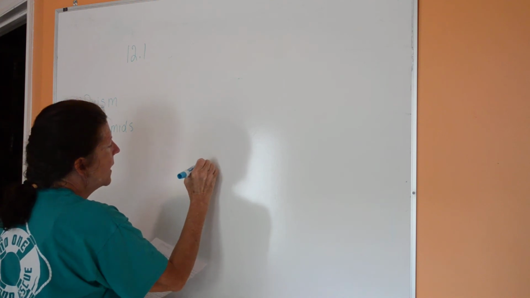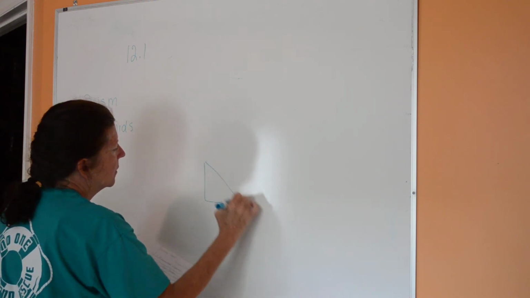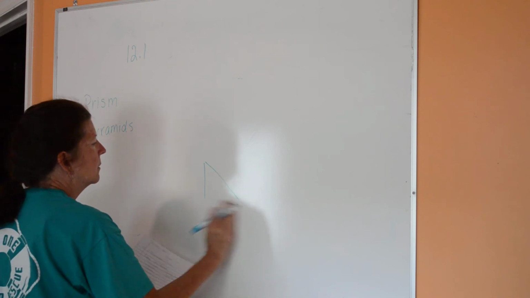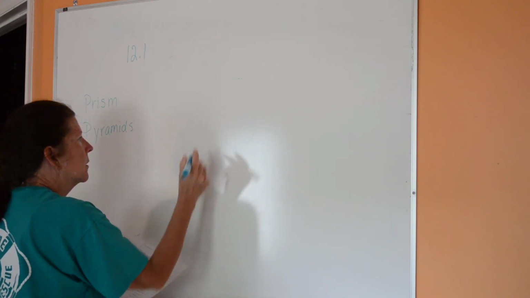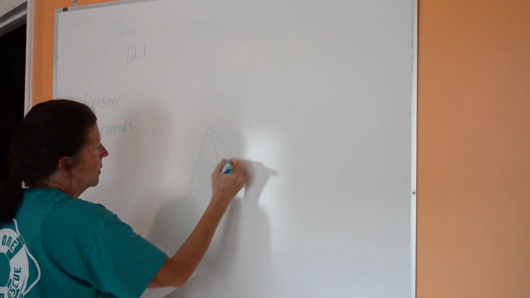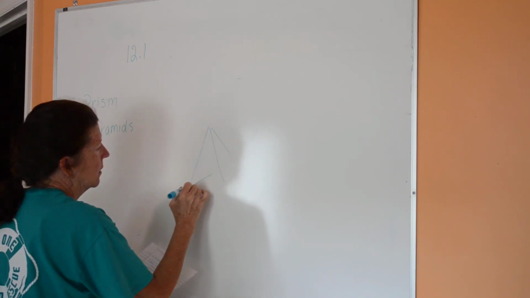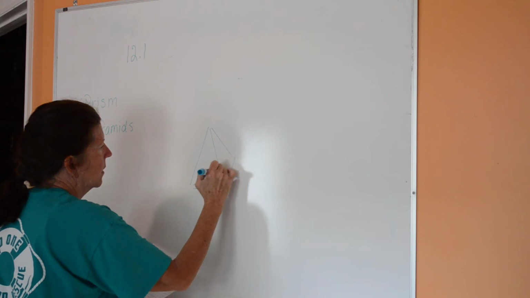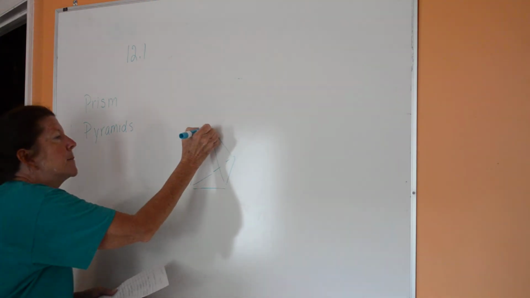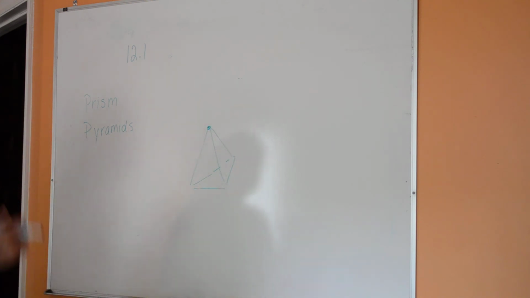Let's say that I have, I'm not going to be able to draw it well, but that would be a triangular pyramid. It comes up to this point. It has a base.